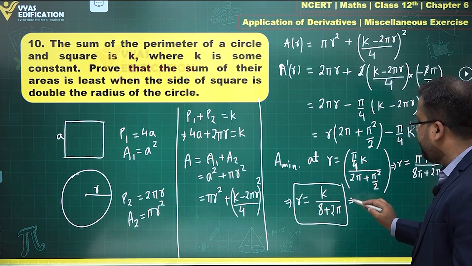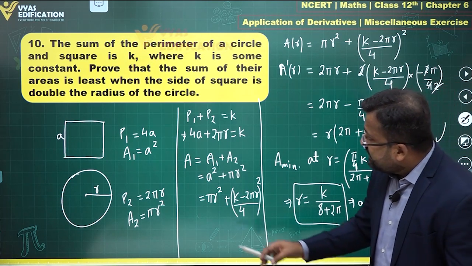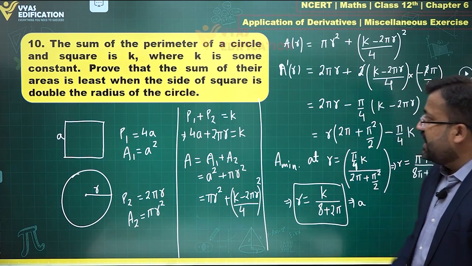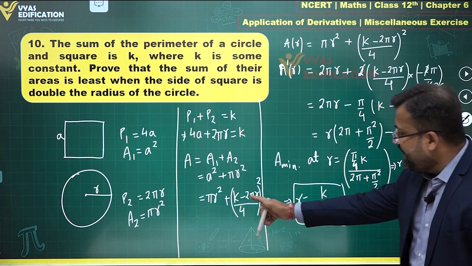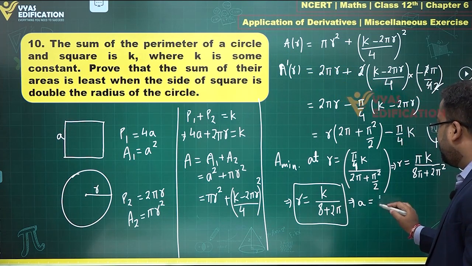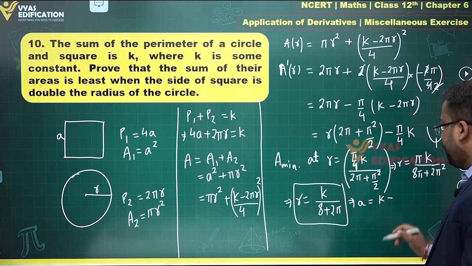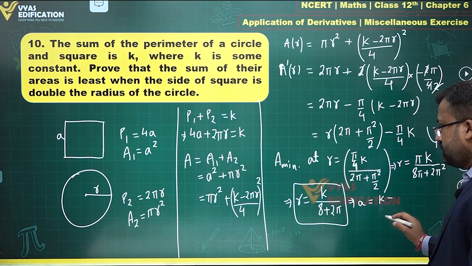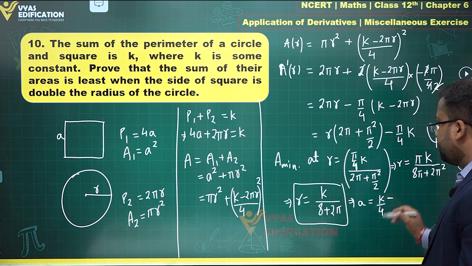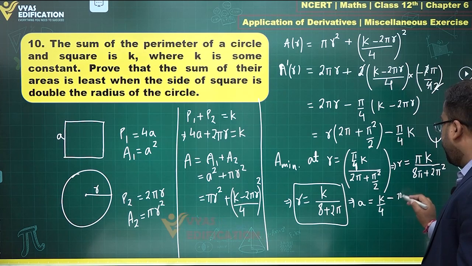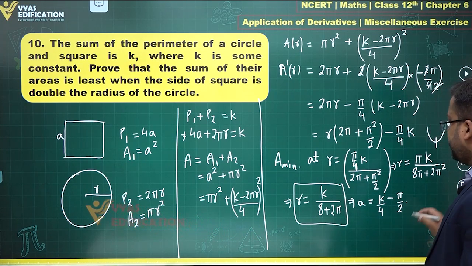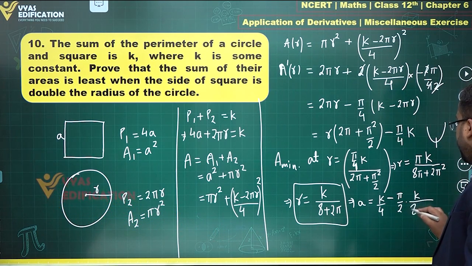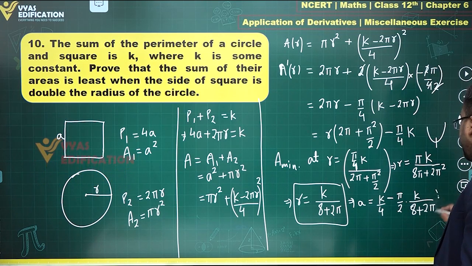And correspondingly, can you find a? Yes, a can be found with the help of this. A is (k minus 2 pi r) upon 4, which is k upon 4 minus pi by 2 times r. R is k upon (8 plus 2 pi). This is what you get, right?